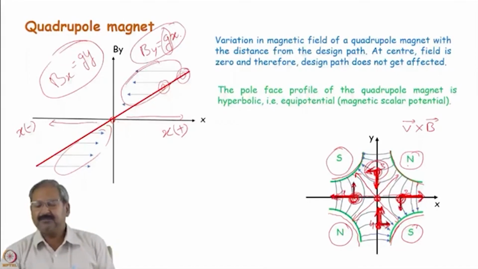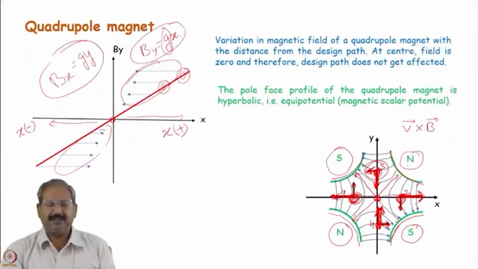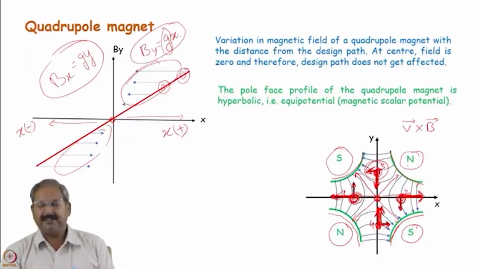So suppose we swap the poles, meaning north is replaced by south and south is replaced by north, meaning we have rotated the quadrupole magnet by 90 degrees. Then the focusing will occur in the horizontal plane and defocusing in the vertical plane.